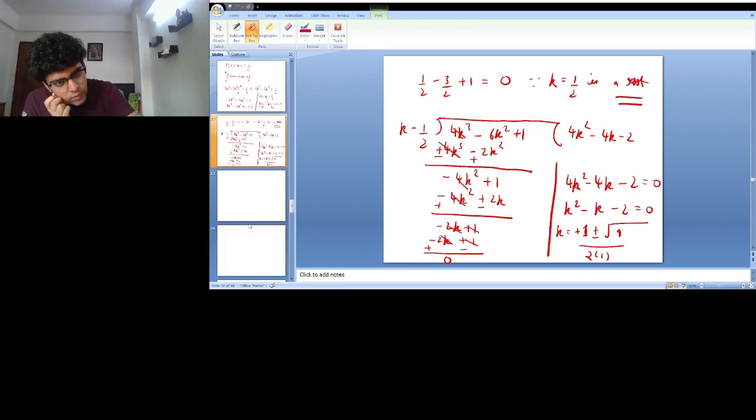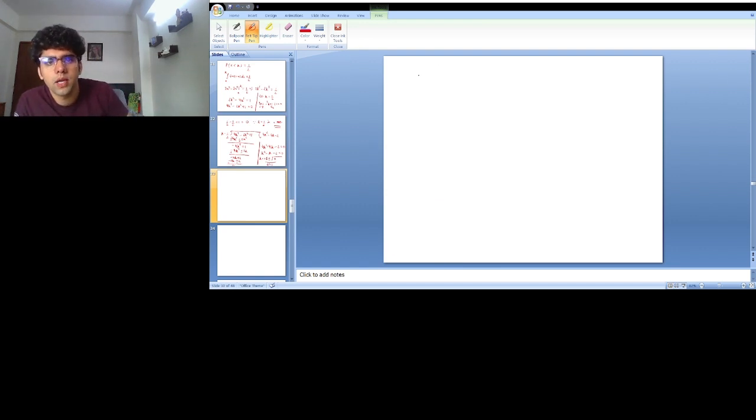So my k will be 1 plus minus 3 by 2. So my roots will be k is equal to 2 and minus 1.